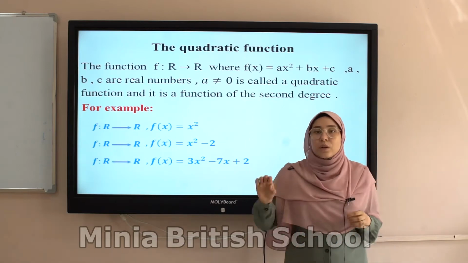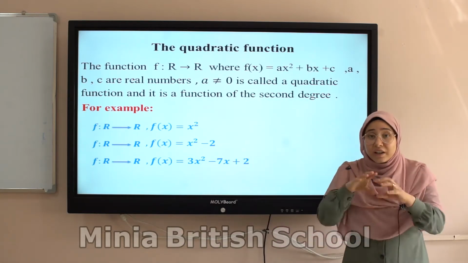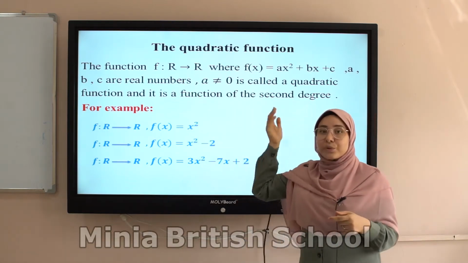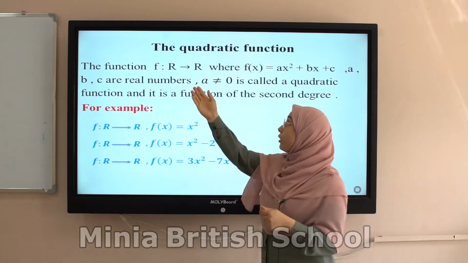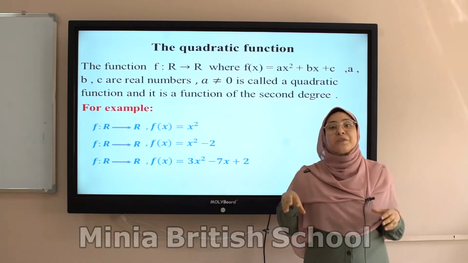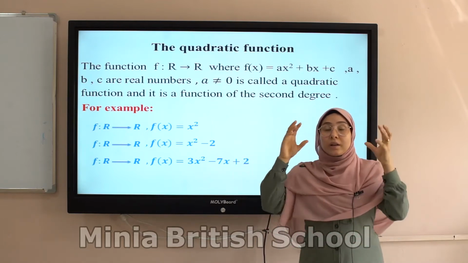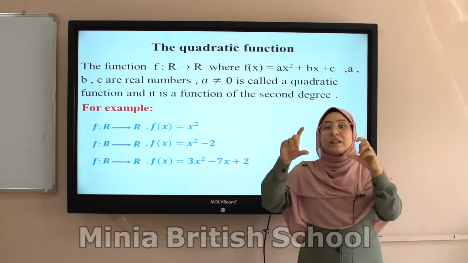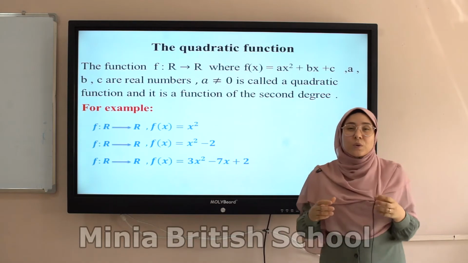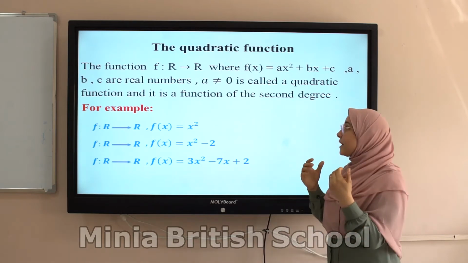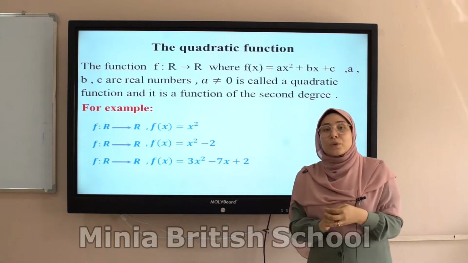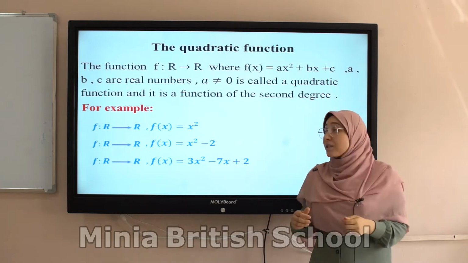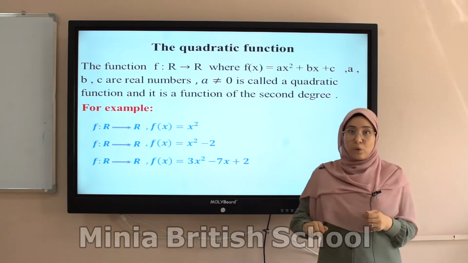Now, I need to represent the quadratic function graphically. I said before, the domain belongs to real numbers, so when we represent it graphically, we should represent it on an interval, by determining some ordered pairs which belong to the rule of the function.